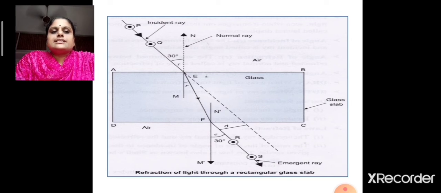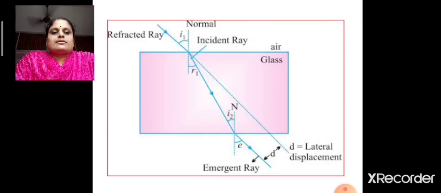And if you extend the incident ray, we can see that the incident and emergent rays are parallel to each other. The distance between the incident and emergent ray is known as lateral displacement. We know the emergent ray will bend away from the normal as the light ray is passing from glass to air, or from a denser medium to a rarer medium.